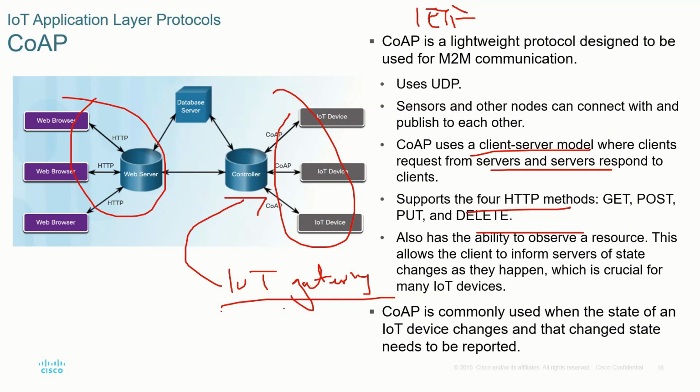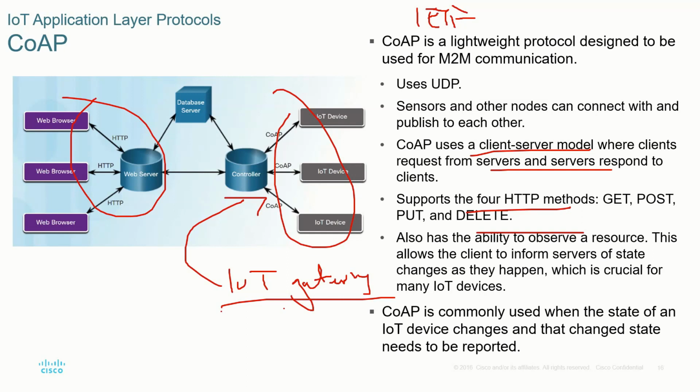On the other side, MQTT can also be used for actuators, but you're doing a broadcast, which means when you control everything, it is broadcast to all the devices. So it is not very good if you want to do unicast, a unique command for each and every device.